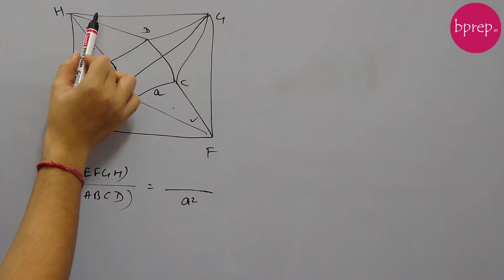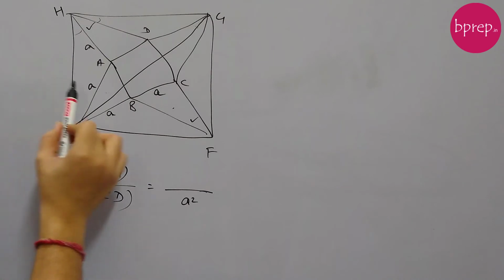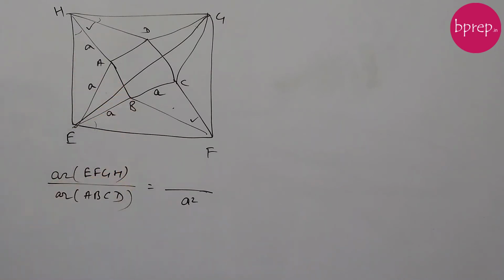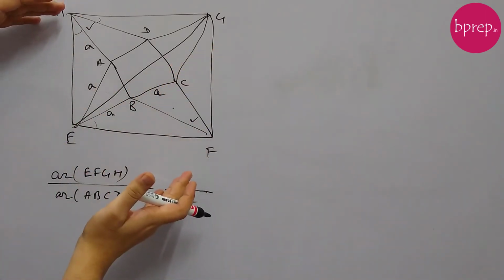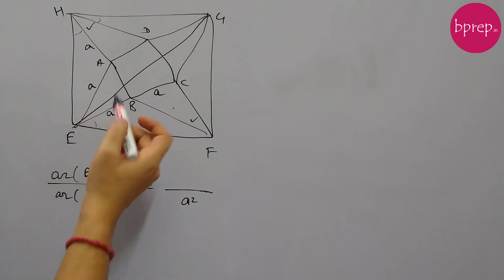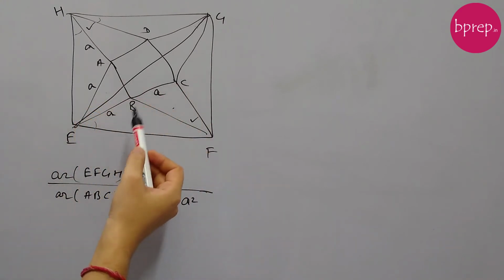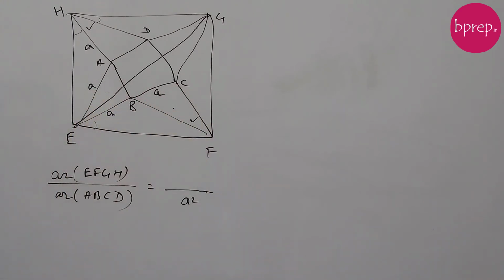And if this is an equilateral triangle, this angle and this angle will be the same. Similarly, this angle and this angle will be the same. By proceeding that way, we can prove that diagonal EG will divide all the geometrical figures inside the bigger square into symmetrical parts.